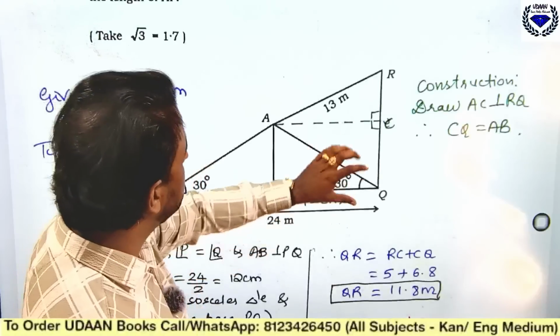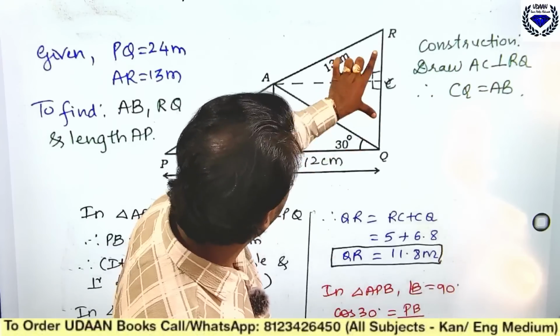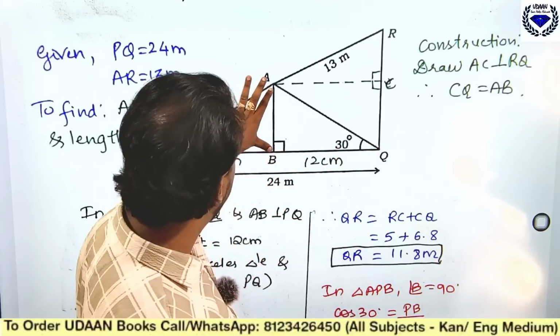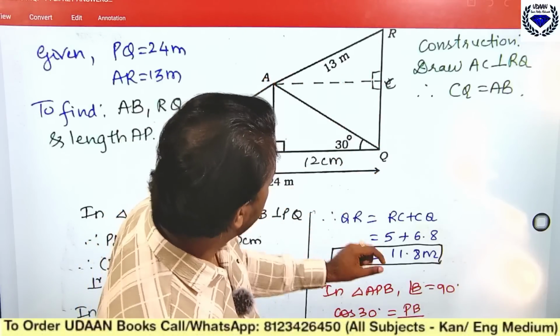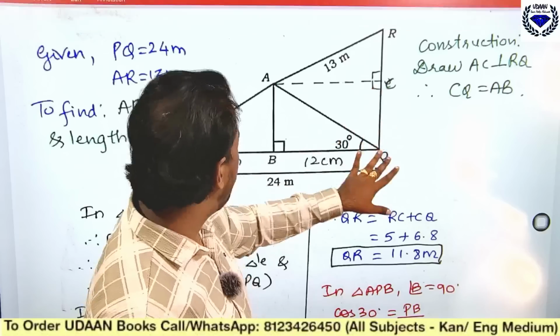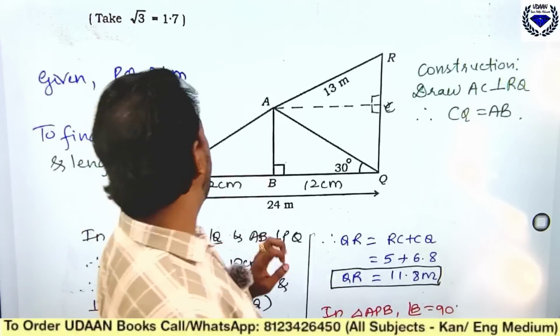QR is RC plus CQ. This one we got as 5 and this one AB is 6.8, so it will be 11.8. So the total length of RQ is 11.8.